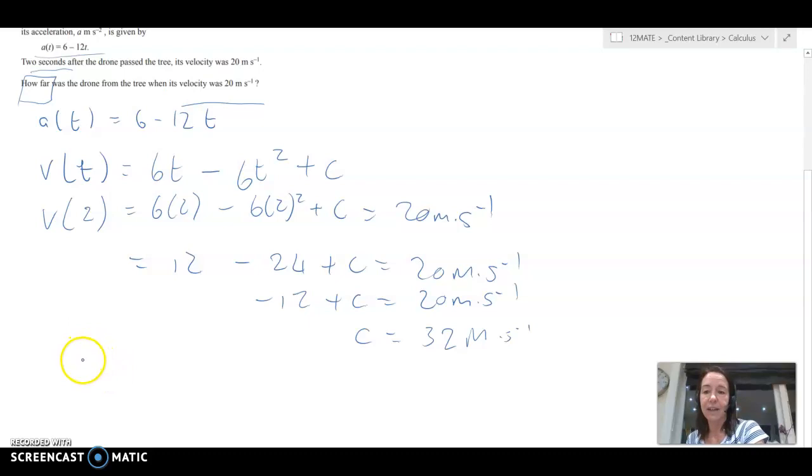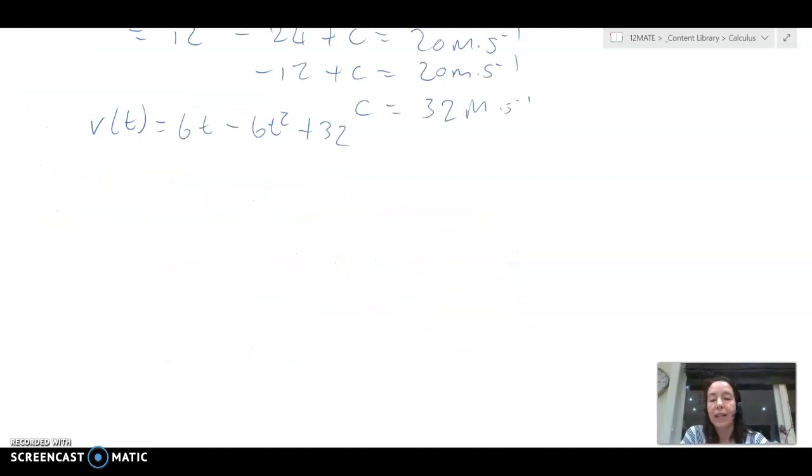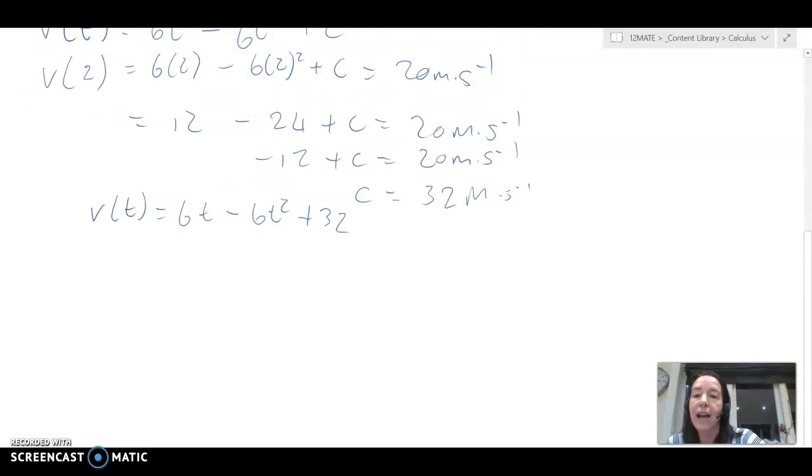I've actually found my velocity is going to be 6t minus 6t squared plus 32. Now have a little think, what are they asking us for next? So hopefully you've had a little think. So we need to do that all again.